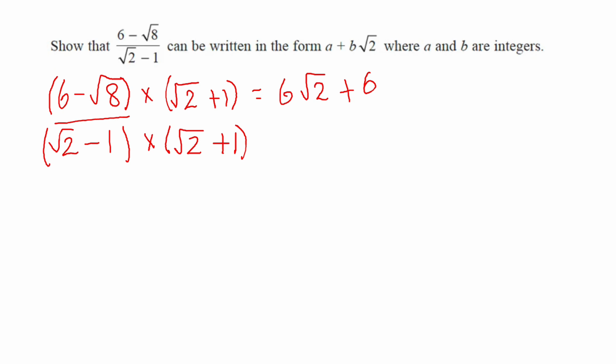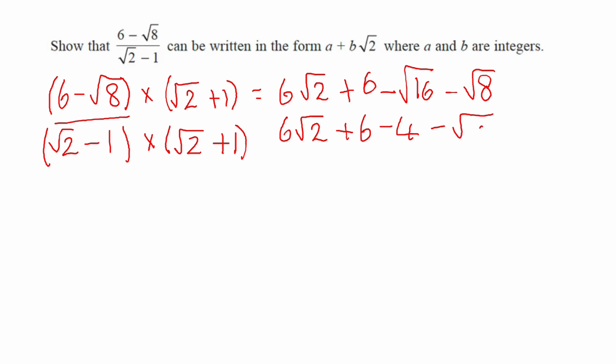Remember when we multiply surds, we can just multiply the 8 and the 2, so it'll be minus root 16, and we'll simplify that afterwards. And then we've got minus root 8 times 1, so we've got minus root 8 here. Now, we know that we can square root 16 to give us 4. So I'm going to rewrite that out. So I've got 6 root 2 plus 6 minus 4, subtract root 8.